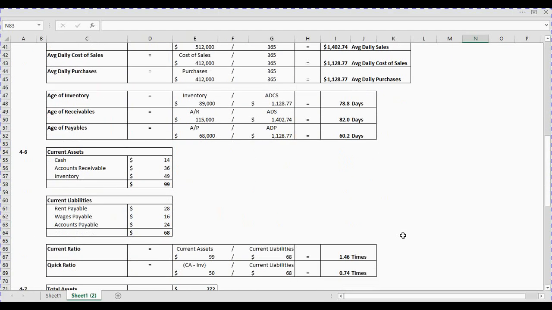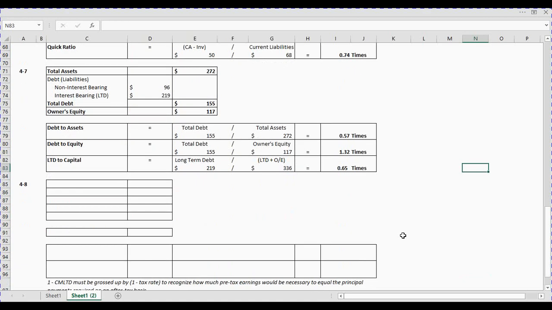Down here, we're going to be looking at it a little bit differently: debt in relationship to assets, debt in relationship to equity, and debt in relationship to a broader measure of capital. This is a little bit more traditional way to look at leverage ratios.